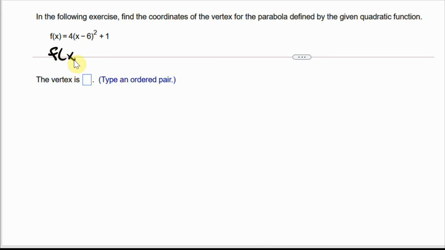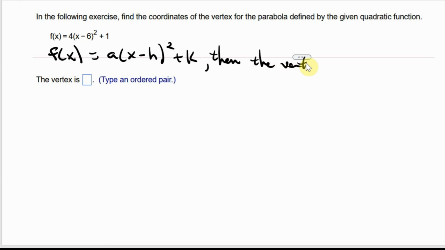Remember, we said that if we have f of x is equal to a times the expression x minus h to be squared plus k, then the vertex is h comma k. Right? So our vertex here would be 6 comma 1.